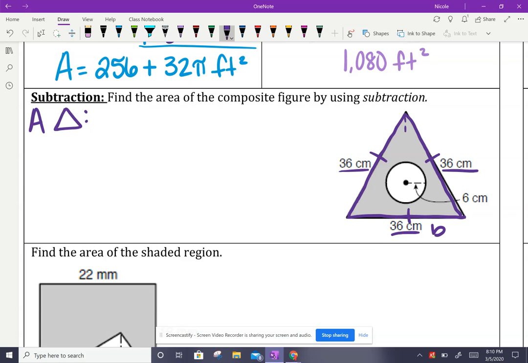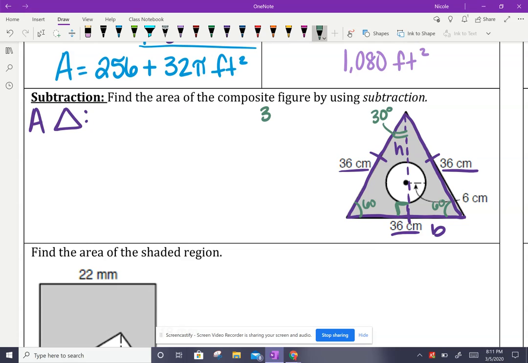In order to get the height, I'm going to drop in an altitude in my equilateral triangle, and that's going to give me the height. Now, if we remember back to special right triangles, equilateral triangles have 30, 60, 90s when they are bisected by an altitude and a right angle. So I just created a little 30, 60, 90 triangle.